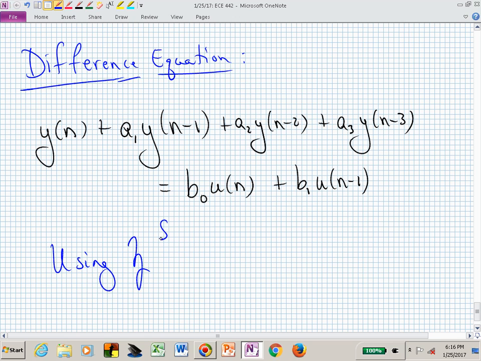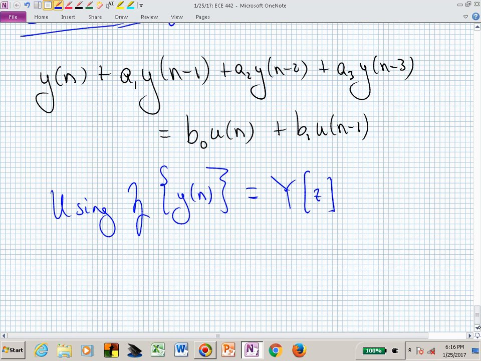That's now a script Z operating on y of n, and the notation that I will use is capital Y of Z with square brackets, because now I'm in the frequency domain. This is a Z-transform operation.